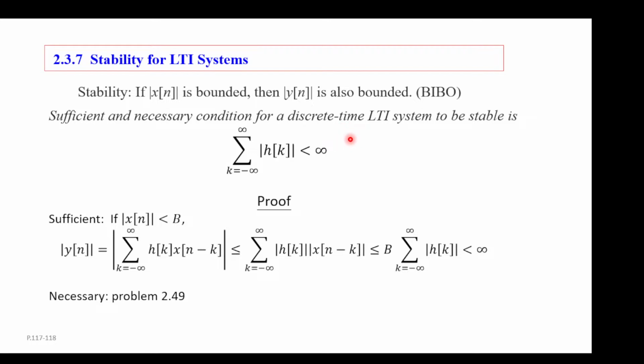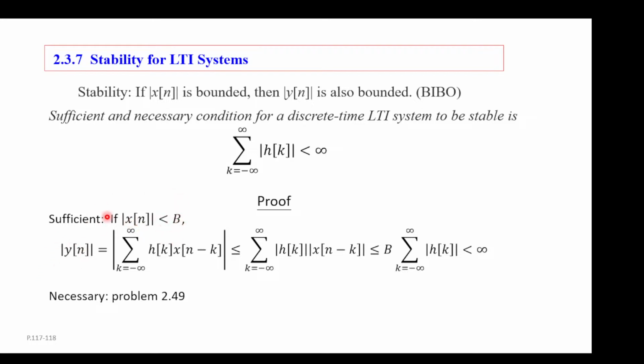The proof has two parts, sufficient and necessary, and we only prove one part. Let's prove sufficient because it's easier. Sufficient means that if this is satisfied, then our system is stable, meaning bounded input gives bounded output. So let's assume we have this condition and a bounded input, and let's calculate its output.